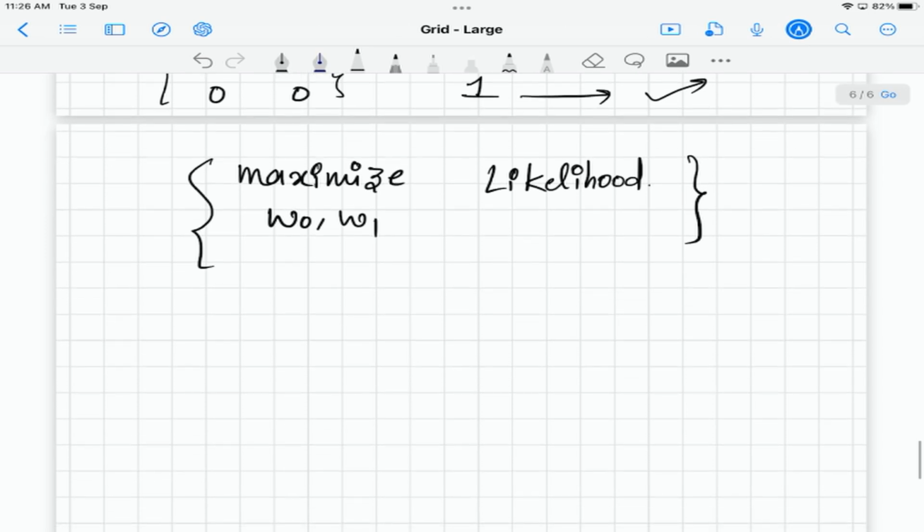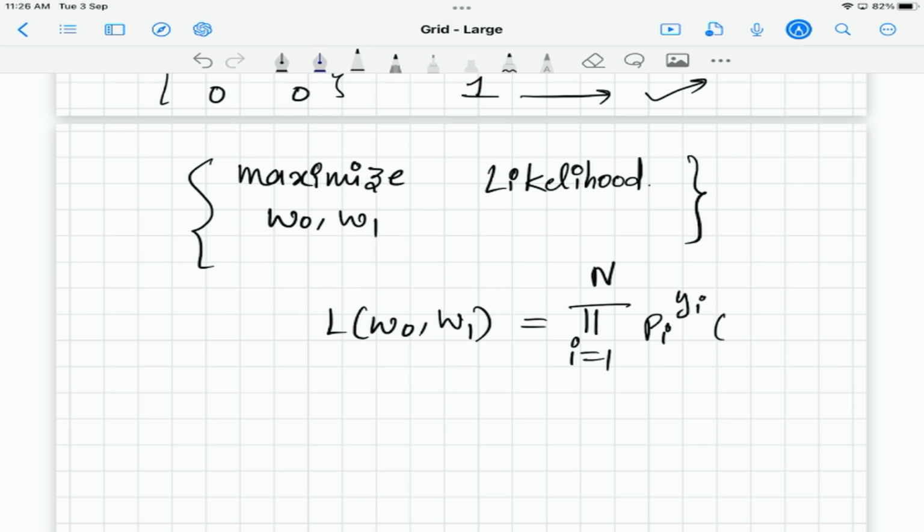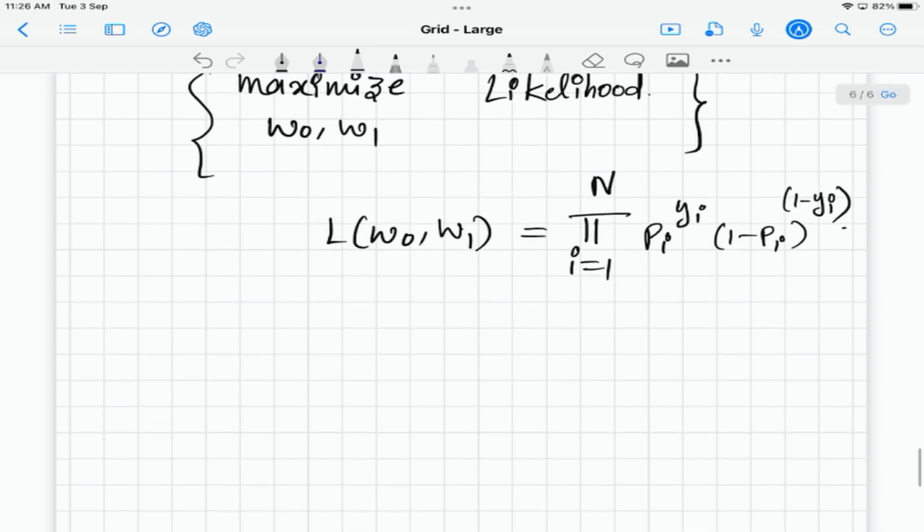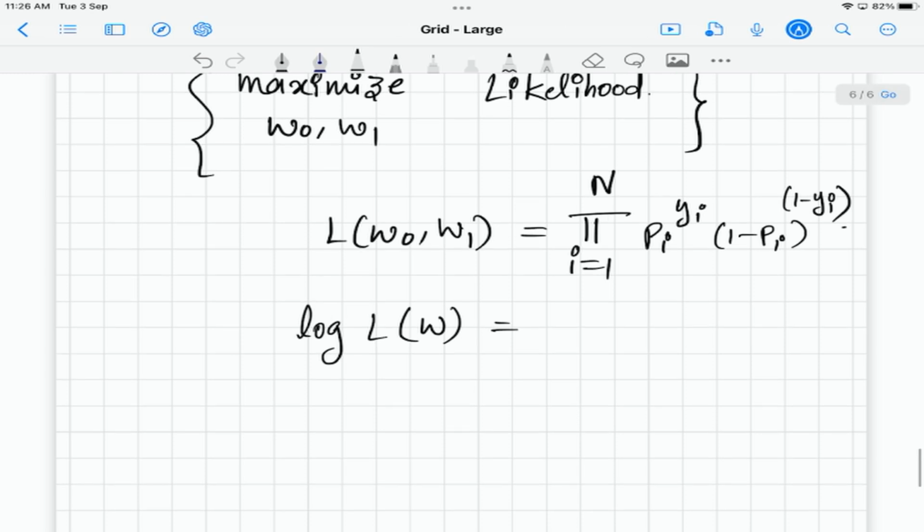So to maximize my likelihood, I will write my likelihood in terms of W0 and W1, which are my parameters. And then for the entire set of samples, if I write it, it becomes the product. If I apply log to this likelihood, what will happen to my product?